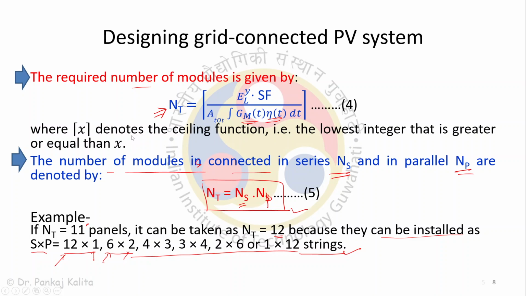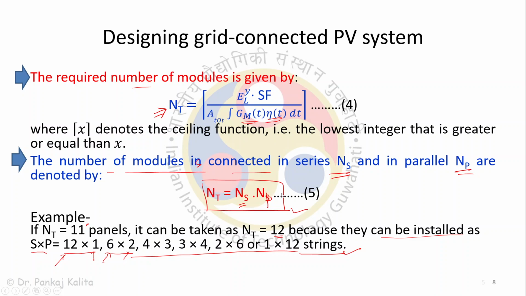Okay, so yeah, when this value comes out to be 11.6, the lowest integer that is greater than or equal to x is 12. So that will be taken as the number of modules, and the number of modules connected in series is N_s and in parallel is N_p.